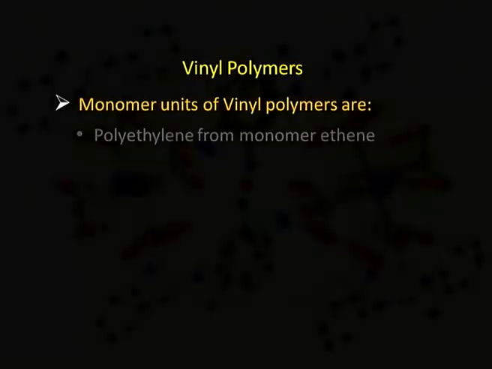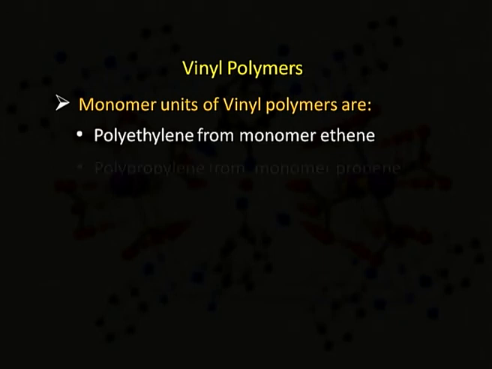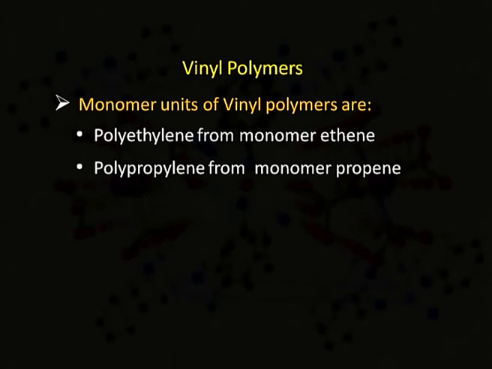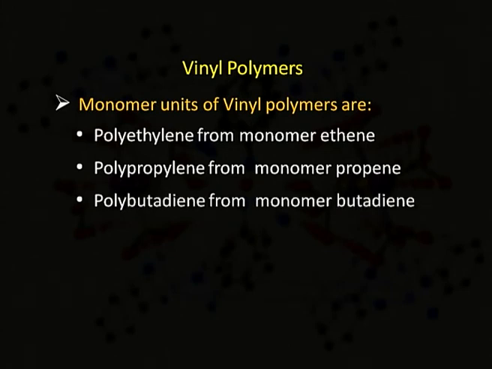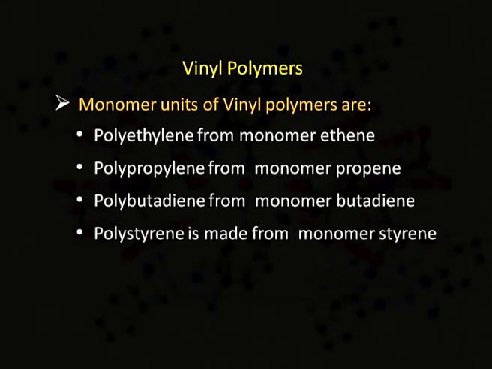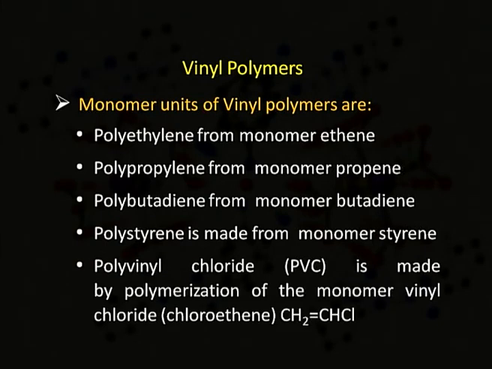So, the monomer units of vinyl polymers are: polyethylene made up by monomer unit ethene or ethylene, polypropylene made up by the monomer unit propene or propylene, polybutadiene made up by the monomer unit butadiene, polystyrene made up by the monomer unit styrene, and polyvinyl chloride made up by polymerization of the monomer vinyl chloride, that is CH2=CHCl, also known as chloroethene.